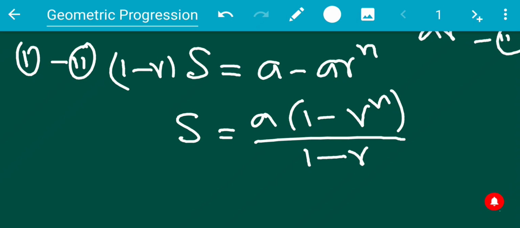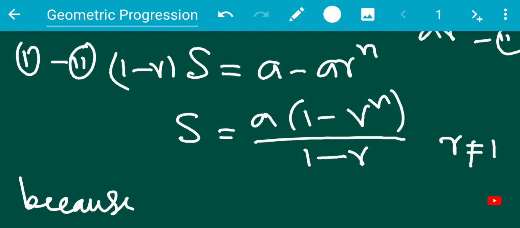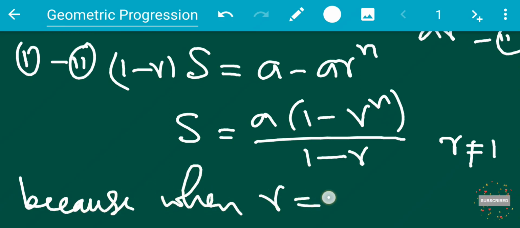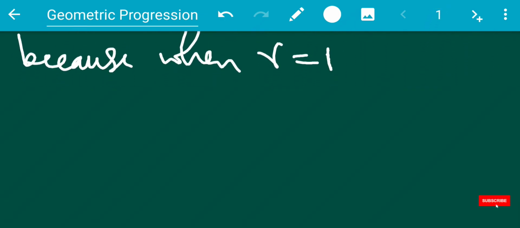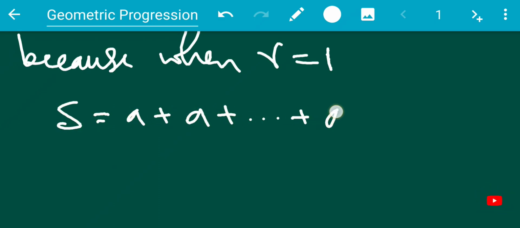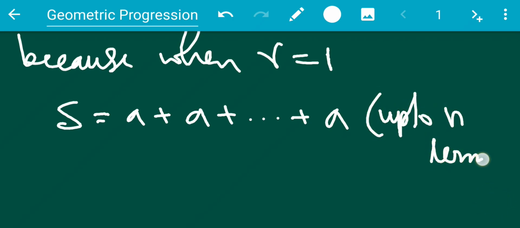Remember, this line is true when there are finite terms and when r is not equal to 1. Because when r equals 1, the entire geometric series reduces to a plus a plus a up to n terms, which is nothing but na.